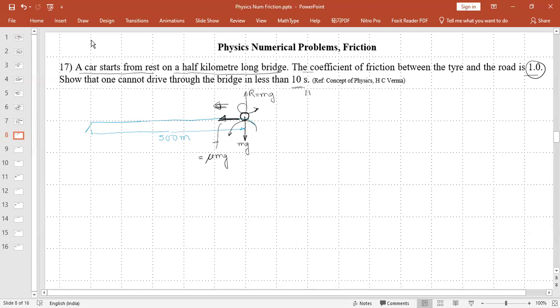Here, this is the actual logic: mu is equal to 1. That is maximum.